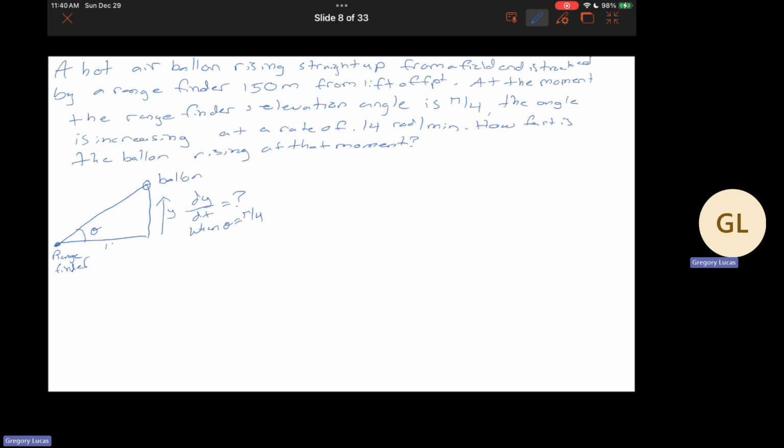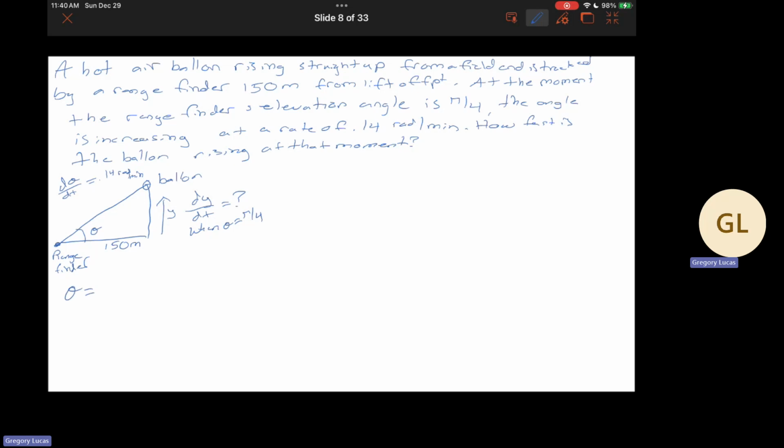We know this is 150 meters from the question. We also know d theta dt. So the angle is changing by 0.14 radians per minute when theta is pi over 4. This is all when theta is pi over 4. So we're focusing on the specific moment.